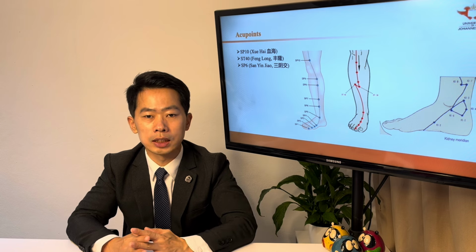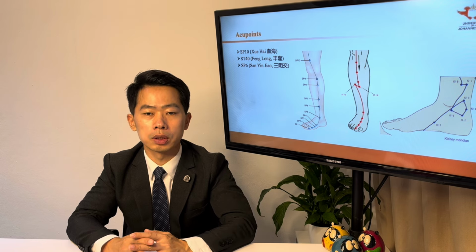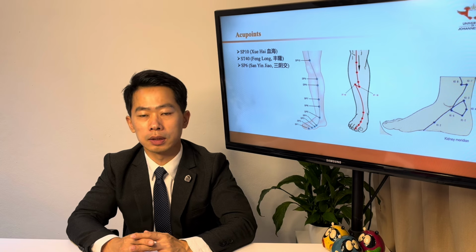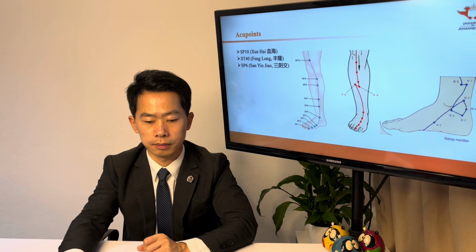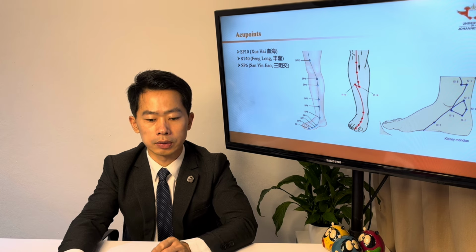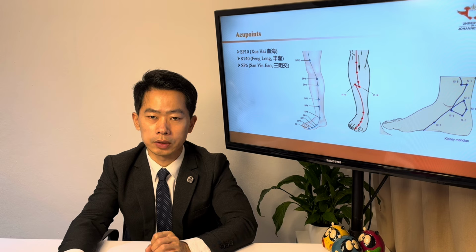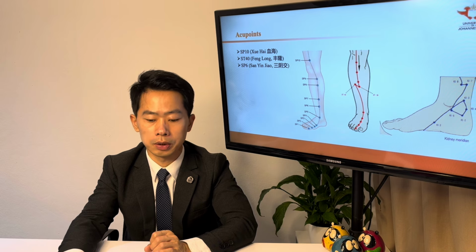That's also why Spleen 6 is quite commonly used in infertility. Because it's also the three yin meridians, for female problems it is also commonly used, and for menstruation as well.